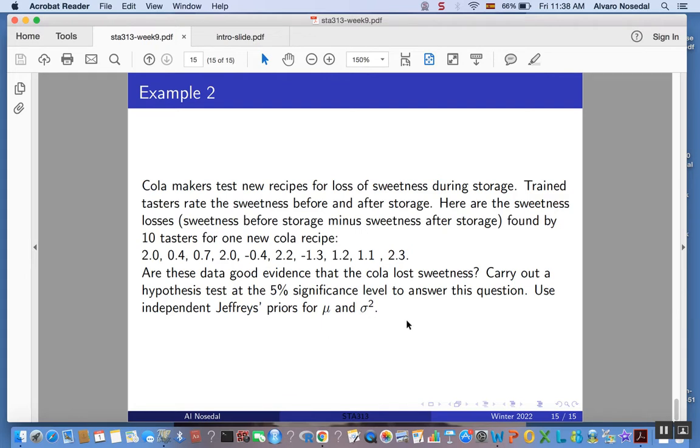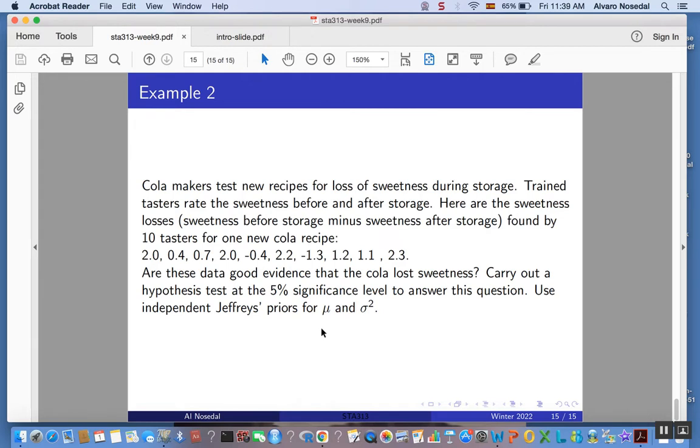We end up with 1 over sigma squared. So when we consider a normal likelihood with unknown parameters mu and sigma squared, and we use this prior, we showed in another video that the posterior distribution for mu happens to be proportional to a t-distribution with n minus 1 degrees of freedom. Remember, we did that derivation in detail in another video.